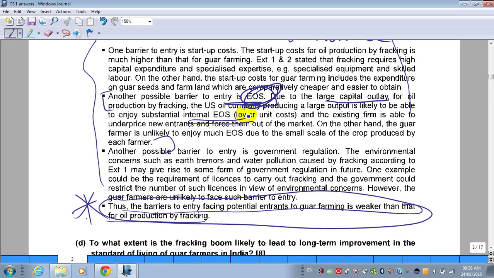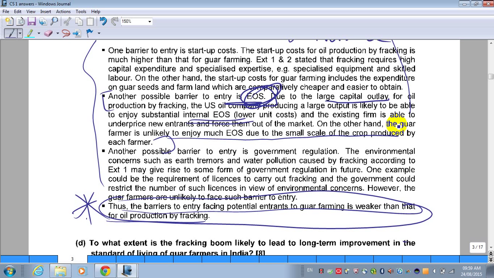All these firms that are currently in the market, they reap a lot of internal EOS. On the other hand, the guar farmer is unlikely to enjoy much EOS due to the small scale of the crops. Because they produce much less, they are likely to enjoy much less EOS.